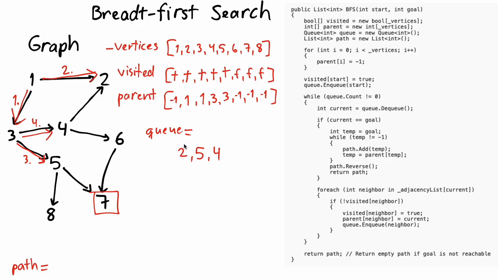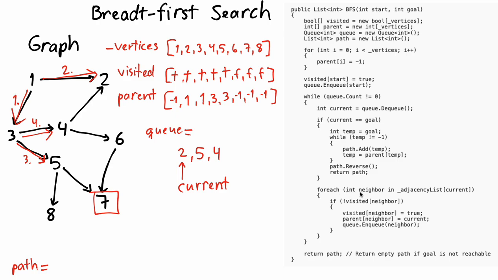Next we are going to look at node 2. This is now our current node. It is not our goal node, so we don't do anything here.